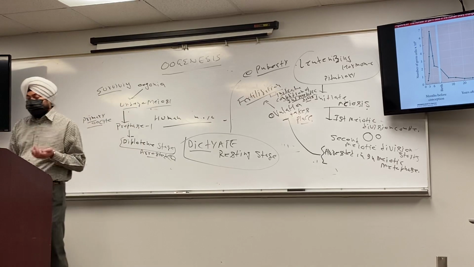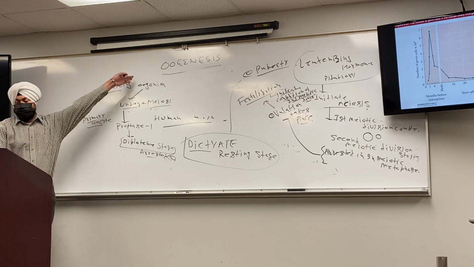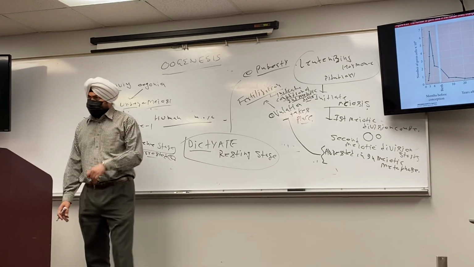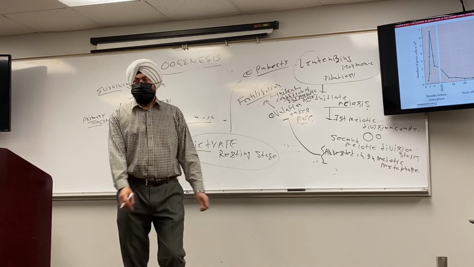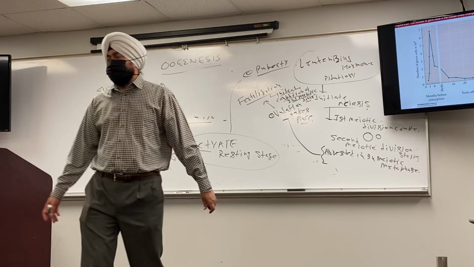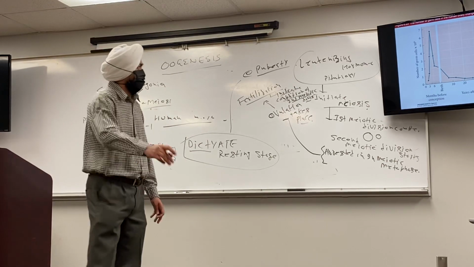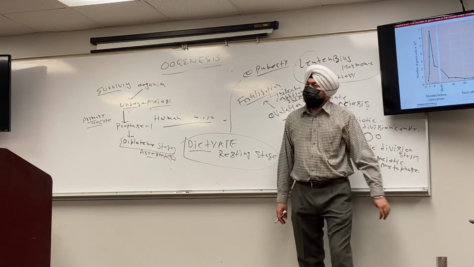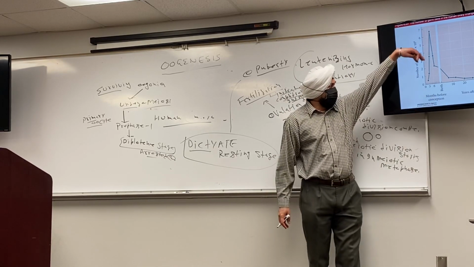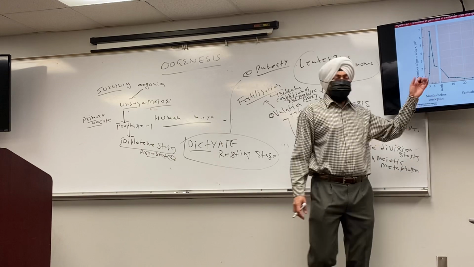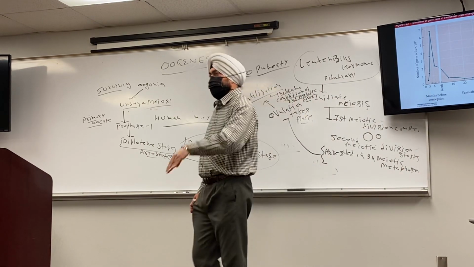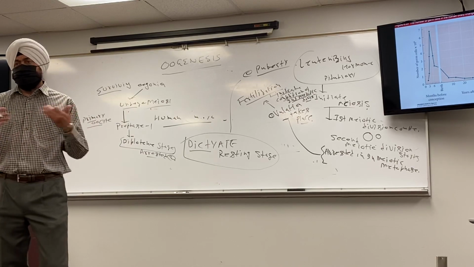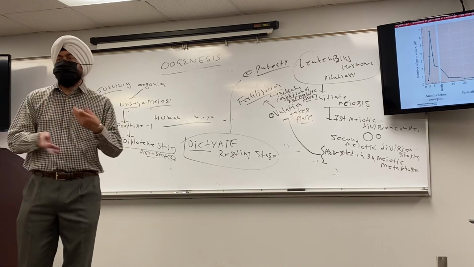So what is happening? We are saying around 1,000 oogonia reach the developing ovaries, and they all divide up to the 5th month. The population reaches up to 7 million, and then they start dying. By birth, the population of the oogonia is almost 2 million, and whenever they reach there, the surviving oogonia, there are no more oogonia because they immediately start meiosis.